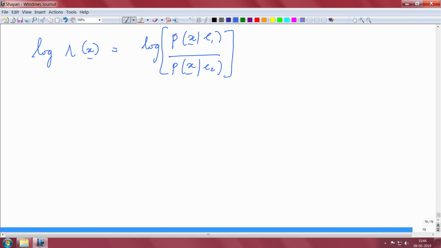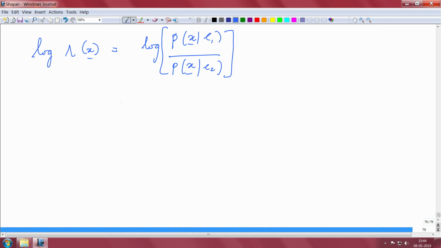The 1 upon 2 pi power m by 2 times the square root of the determinant of the covariance matrix is constant and that vanishes out, and when we take the log, the exponential you can get rid of it.